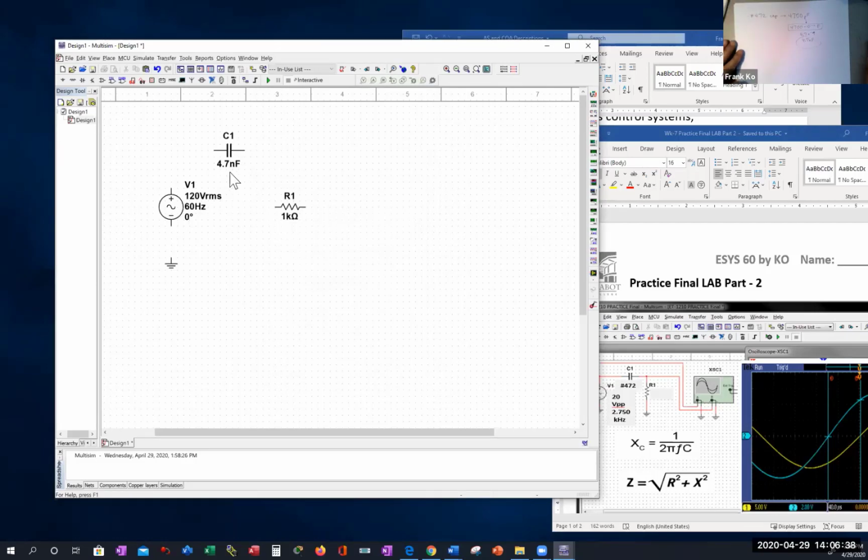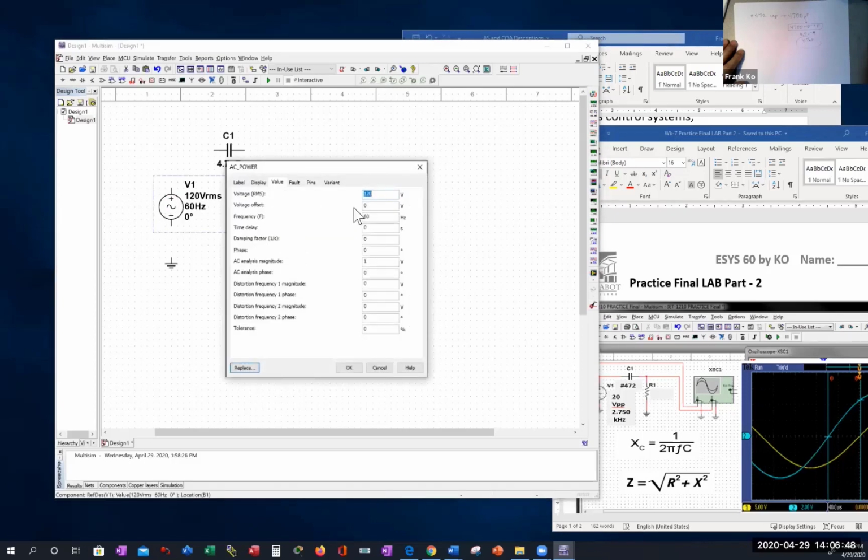Cool. Then we have to change our source here, and our source is going to be an AC voltage source, except instead of 120 volts RMS, I am looking for a peak-to-peak value, and let's take a look here.